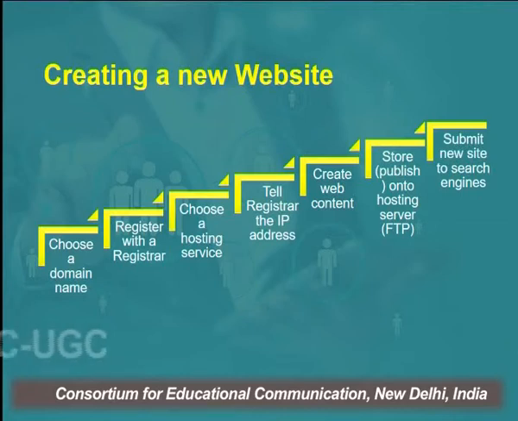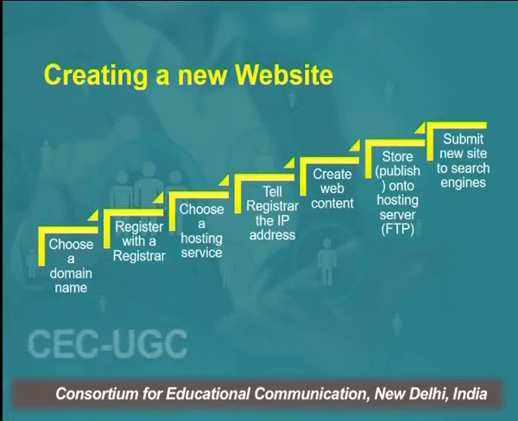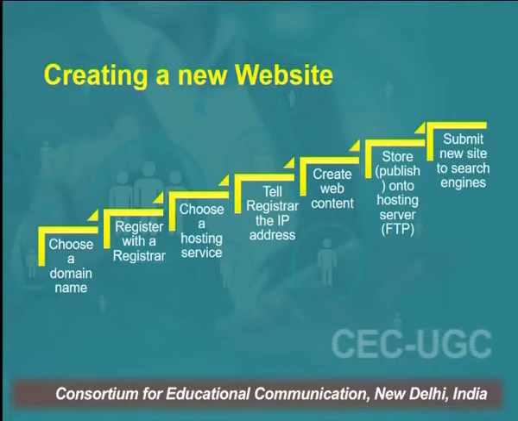So the first thing that you do is choose a domain name. What is going to be your domain name, right? When you are talking about e-business, there are certain considerations to be kept in mind before you choose a particular domain name. We will be talking about that later.